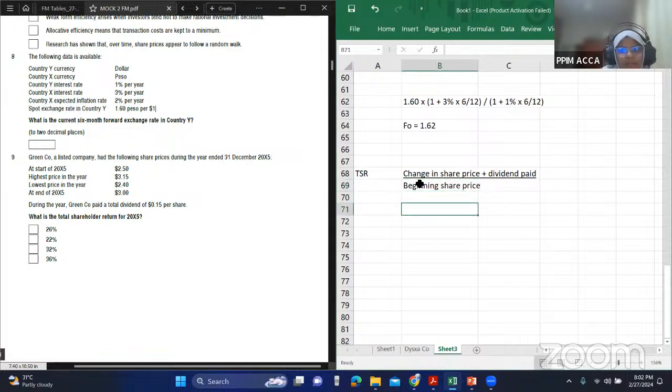Okay. So let's see, what's the change in share price? At the end of 2015, it was 3, and at the beginning, it was 2.5. So the change is 3 minus 2.5, plus the dividend that we paid, which is very clear. It is 0.15. So you divide it by the share price at the beginning of the year, which was 2.5.